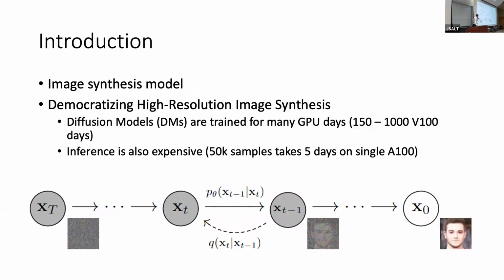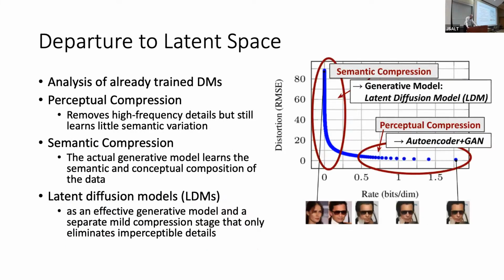But this is just the general idea. And the diffusion process is really computationally expensive, and the inverse also. So people from Munich thought about this, and they were like, we should use something different. Here is the graph about semantic and perceptual compression, which usually happens in generative models. First, the model starts to compress the semantic information, like I'm looking at a face or whatever, and it does not bother with the details.